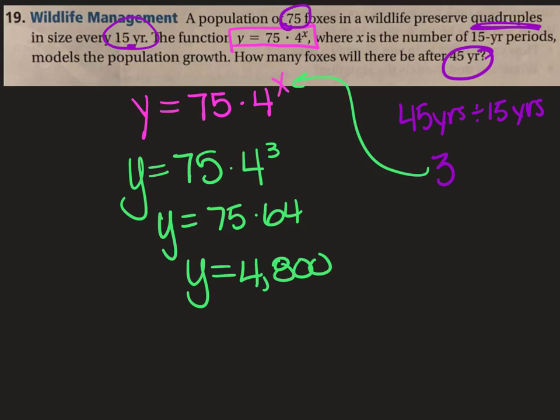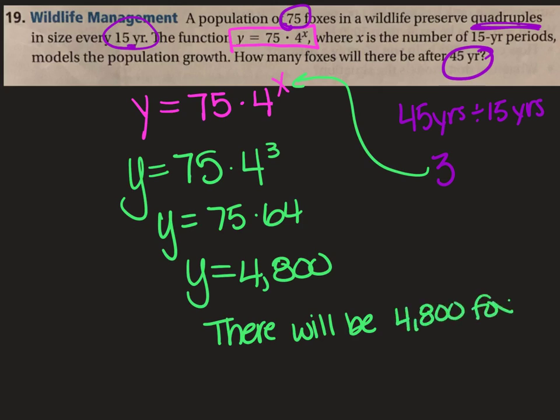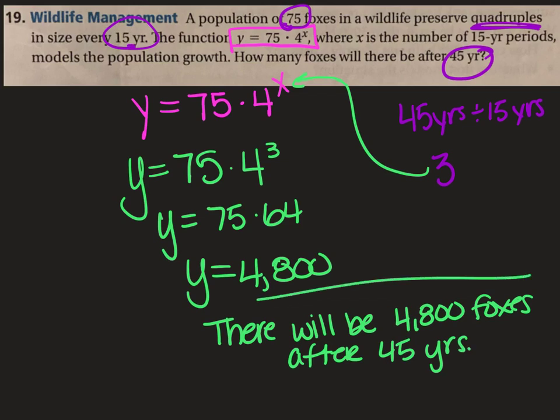That represents how many foxes there will be after a 45-year period. So there will be 4,800 foxes after 45 years. And you know I'm a stickler for writing answers in complete sentences.